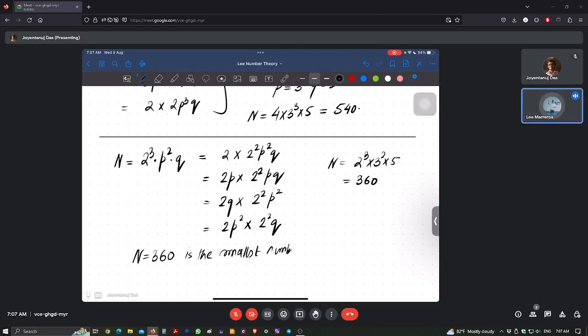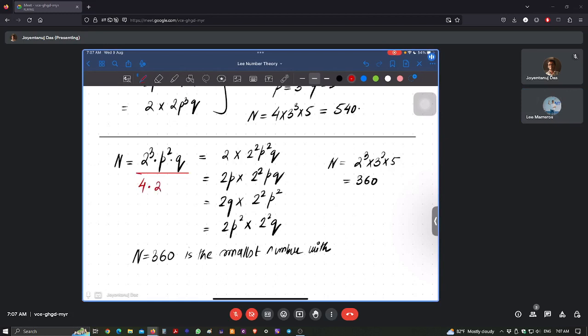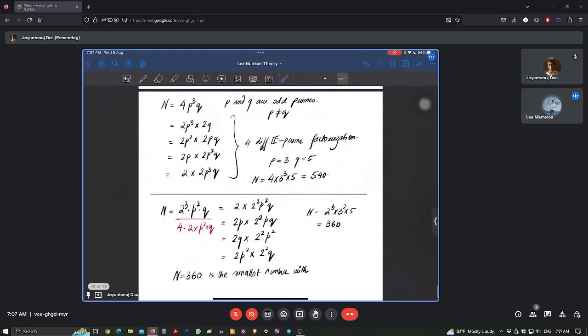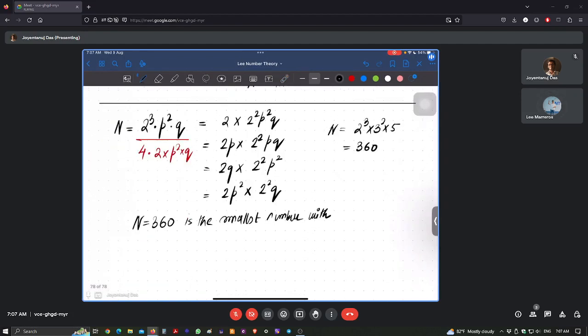Here 4 is already needed, then I am taking 2 into p squared into q. To reduce the quantity, since we want p cubed, if I replace p by 3 then it is going over. So instead of 3, we take 2, and I verified that it is smaller. So it is the smallest number with 4 different e prime factorizations.